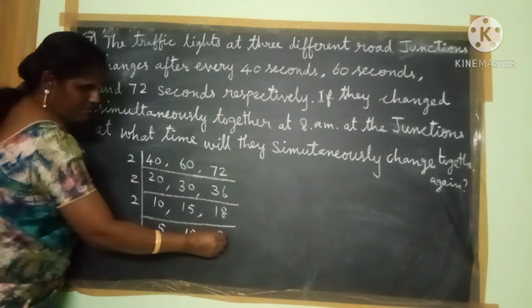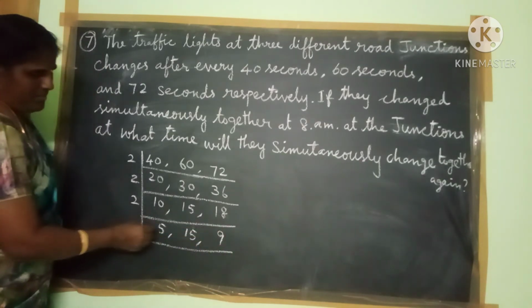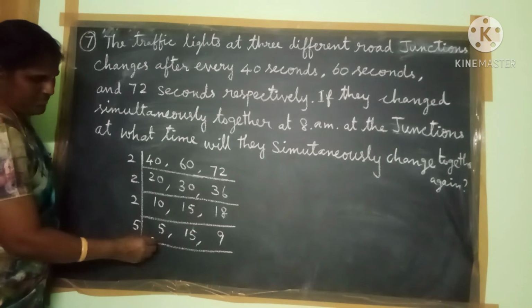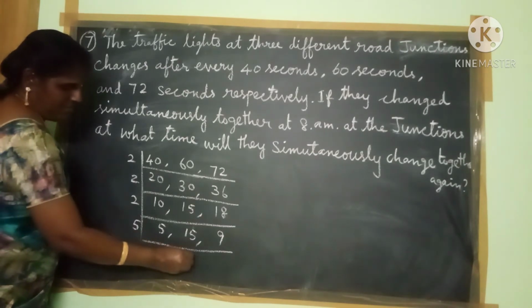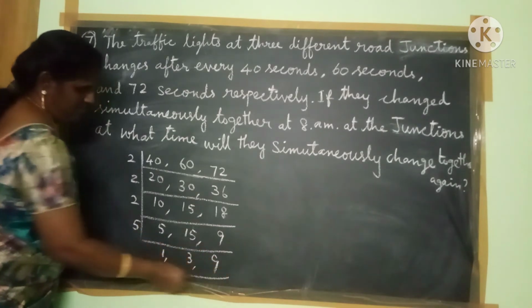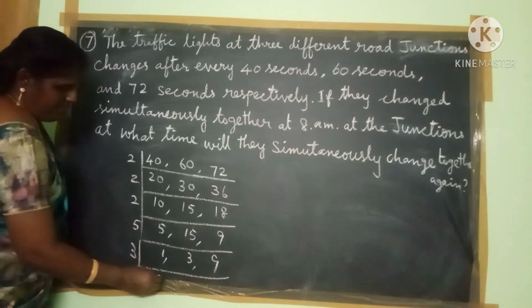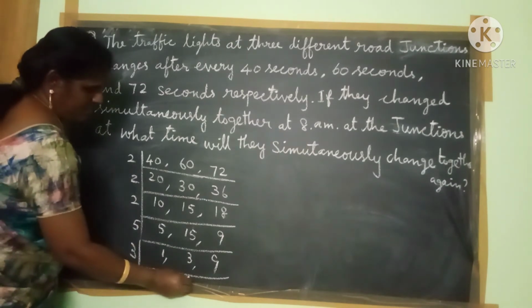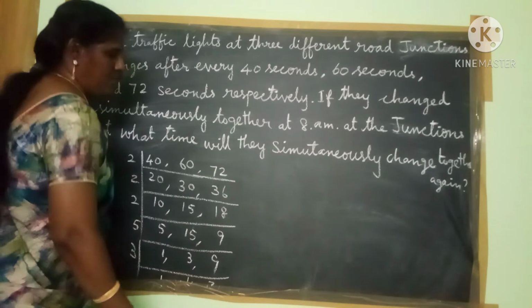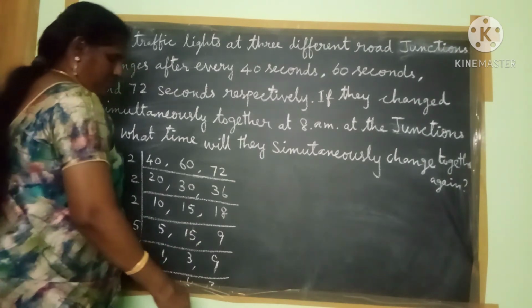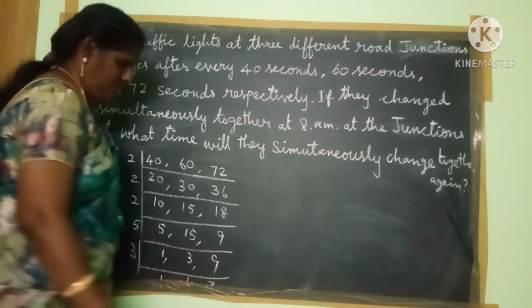Then 18 will divide 9 times. Again 5 will divide 1 time, 3 times, 9. Again 3 table will come 1 into 3. So what is the last number?